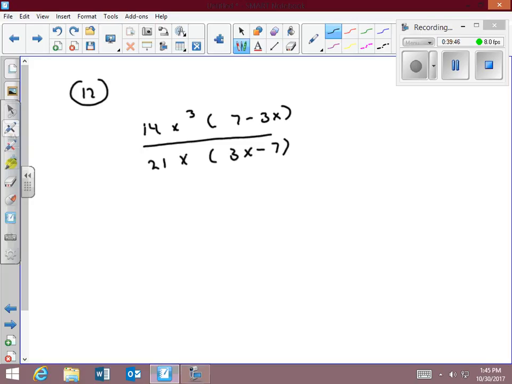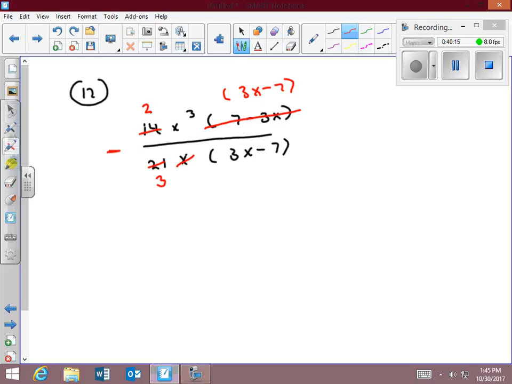Now, what you would probably want to do with this thing is cross this out and say this thing is 3x minus 7, but I'd have to have a minus sign out front. I've taken the minus sign out. Now then, you'd look at the 14 over 21, and you'd say this 7 comes out, 2 over 3. You'd look at your x's.